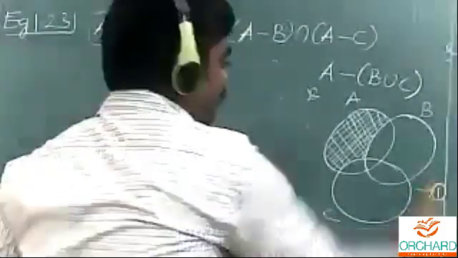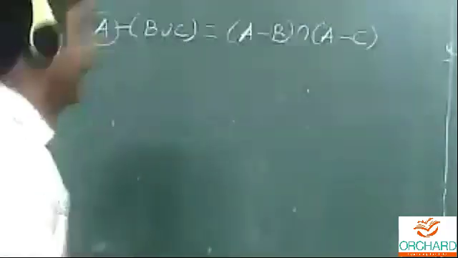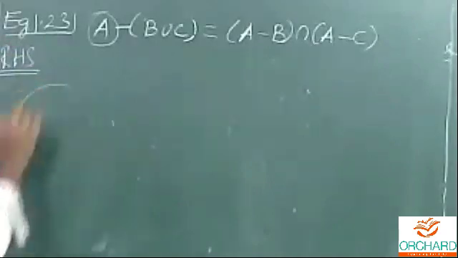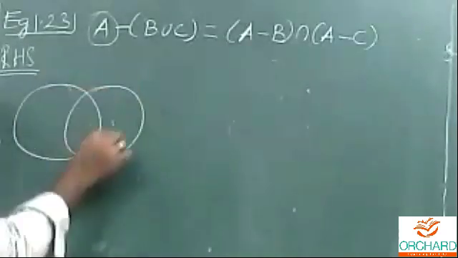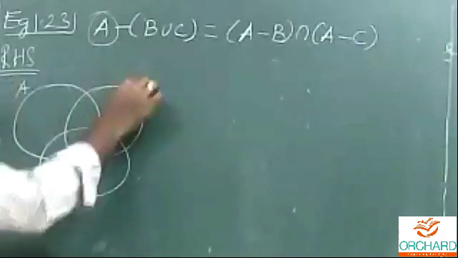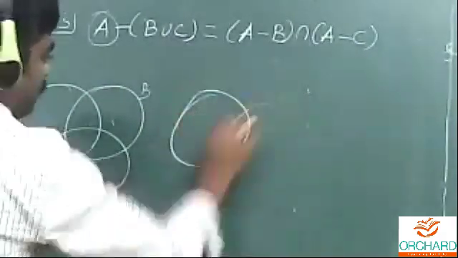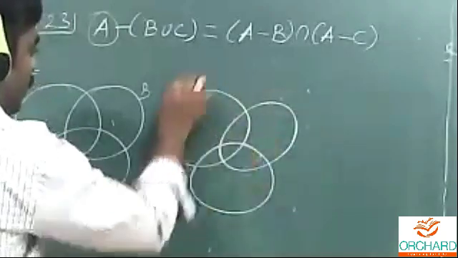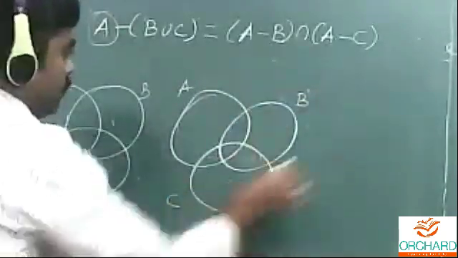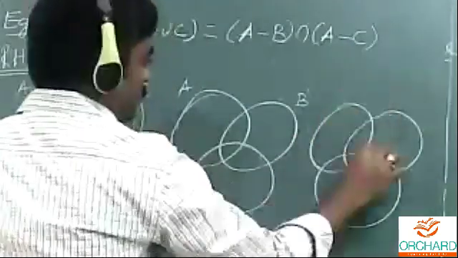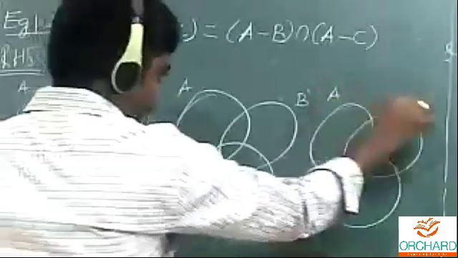For your left hand side, you can call the third diagram equation number 1. Next, for my right hand side, A, B, C.